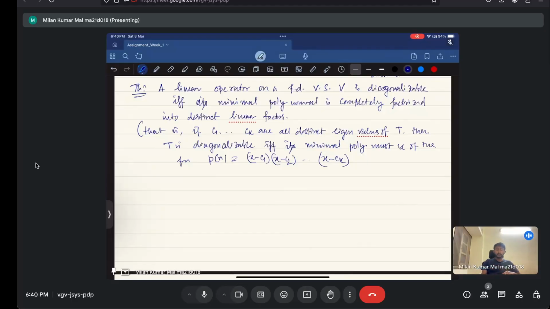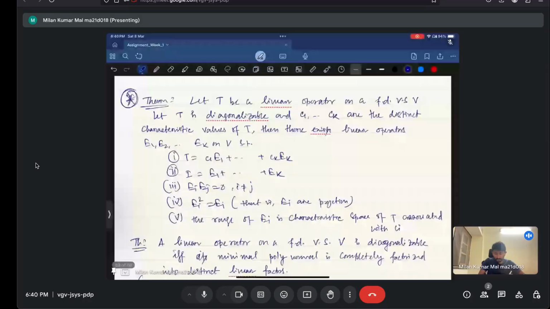So therefore, here we are seeing that if T is a linear operator defined on a finite dimensional vector space V and T is diagonalizable and c1, c2, ck are distinct characteristic values, then there exist linear operators E1, E2, Ek. They are actually the projections on the eigenspaces of V, such that T will satisfy this condition and all other conditions are there.